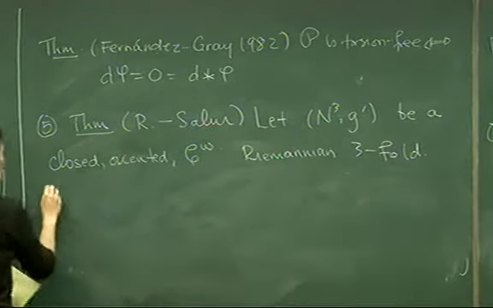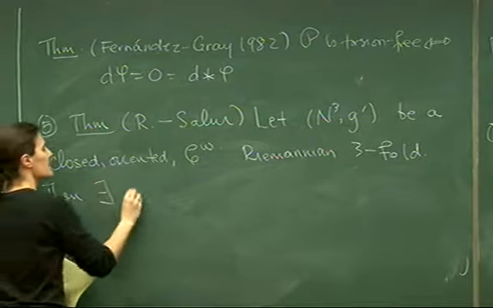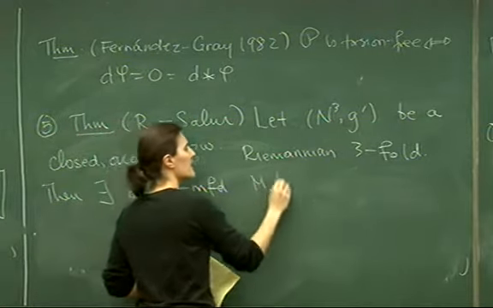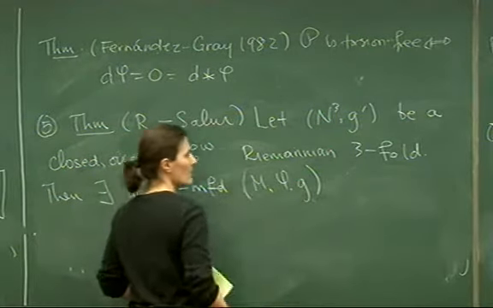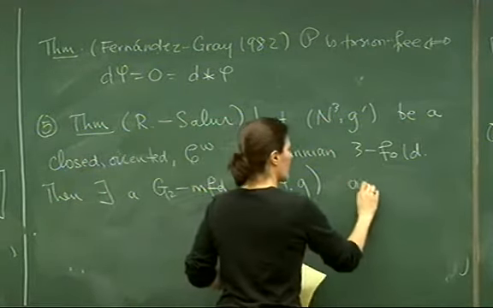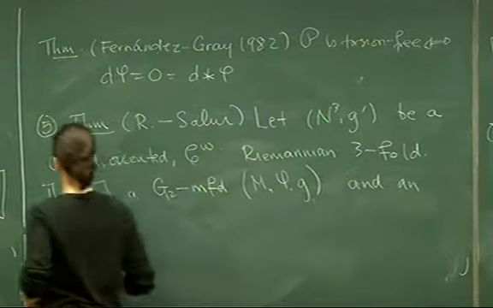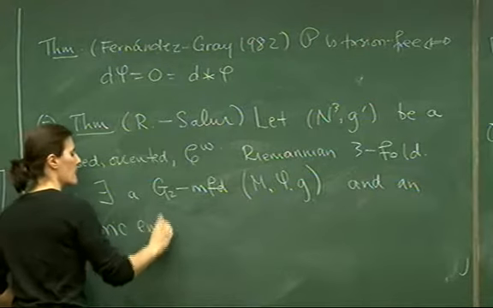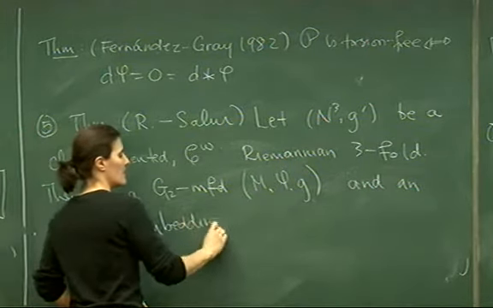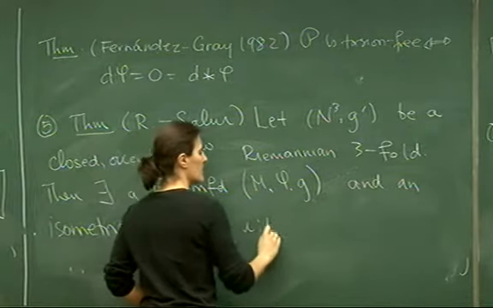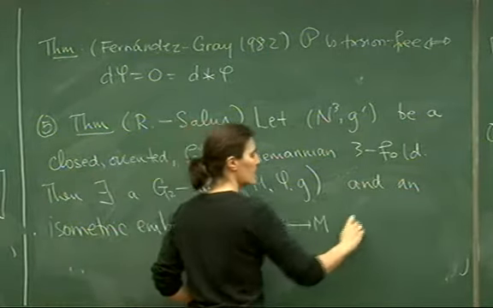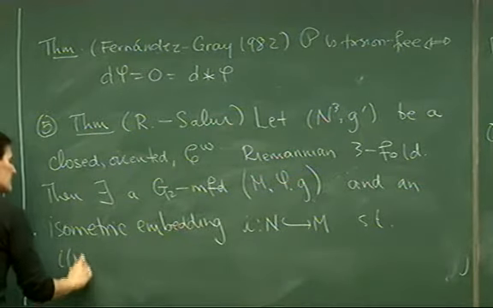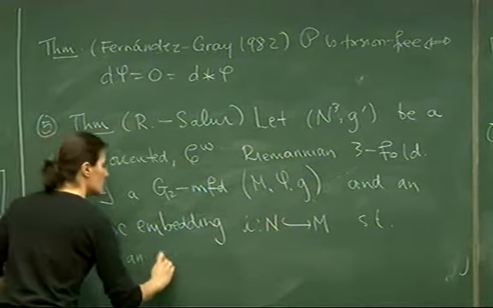Then there exists a G2 manifold, let's say (M, phi, g), and an isometric embedding i of N into M such that the image of N is an associative submanifold.